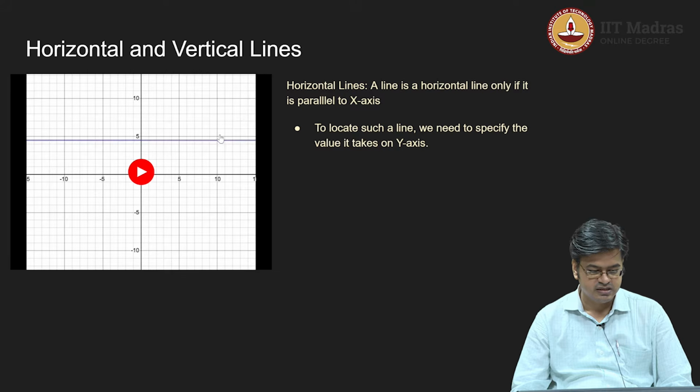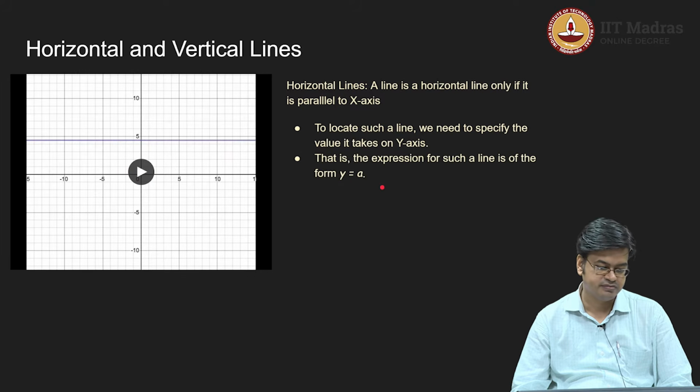Let us say this value is given to be a. If this value is given to be a, then I know it is a horizontal line, so all points will lie at the same distance from the x-axis. Therefore all points will satisfy the condition y is equal to a. You take any point on this line, it will satisfy the condition y is equal to a.